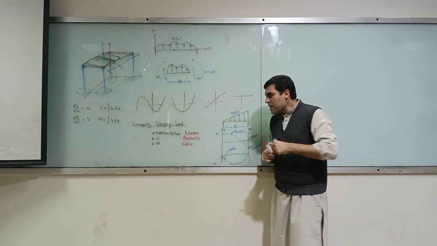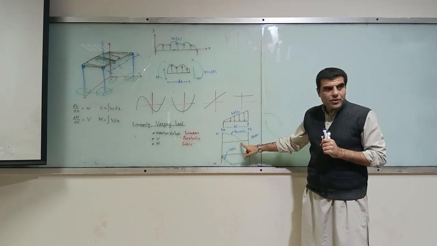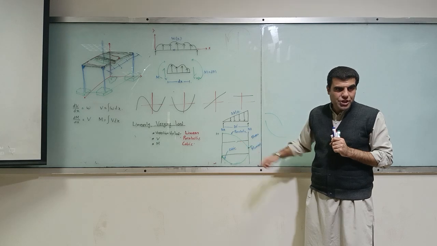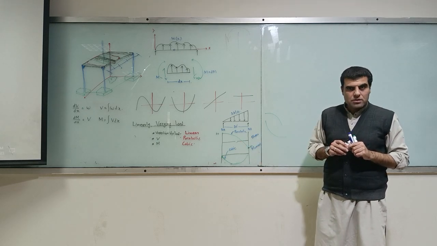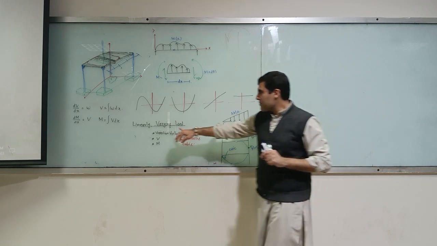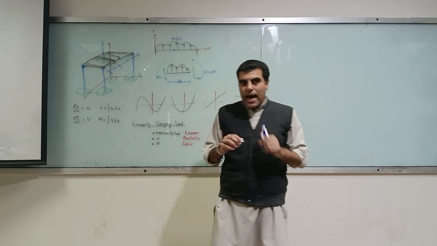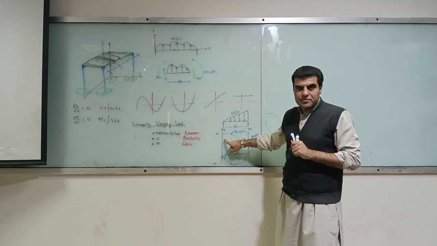Now the problem is how to find out this point where we have got zero shear. How can we do that? Unfortunately, in the case of linearly varying load, we can't use graphical procedures.